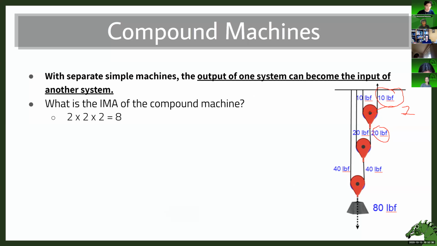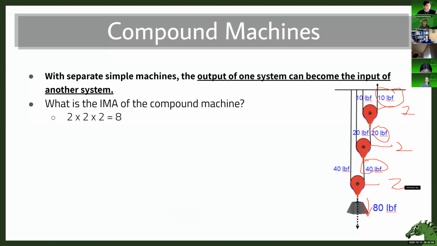Because it's a movable pulley, you have another mechanical advantage of 2. So that is lifting another movable pulley with 40 pounds, since it's multiplied by 2 once again. And that's finally moving a load of 80 pounds, another mechanical advantage of 2.